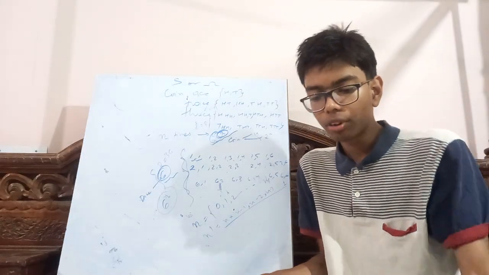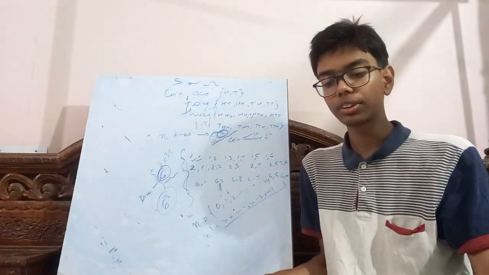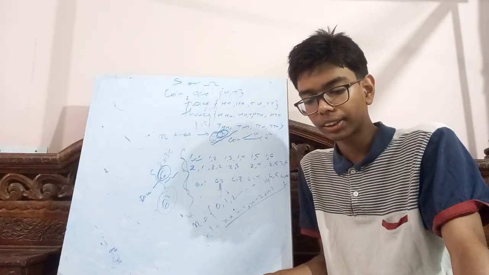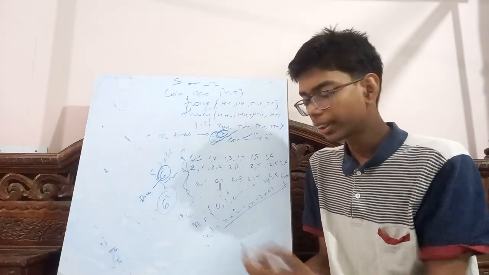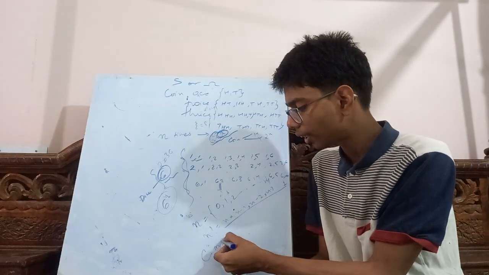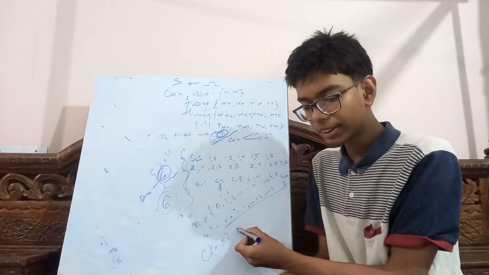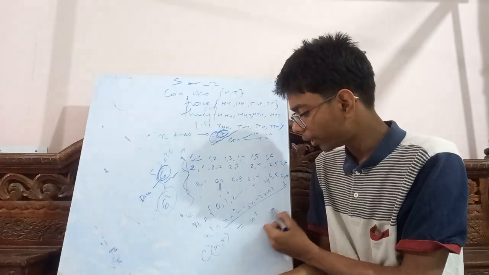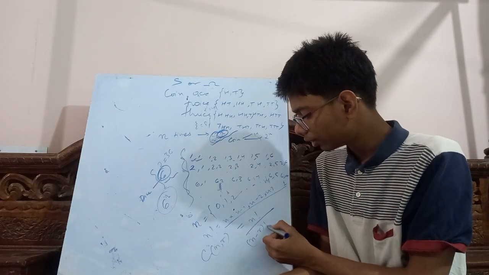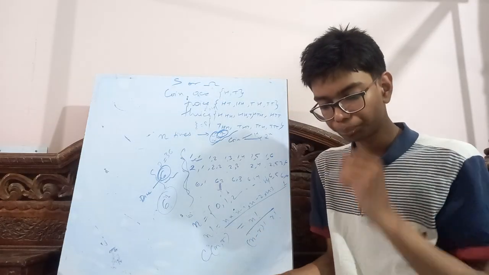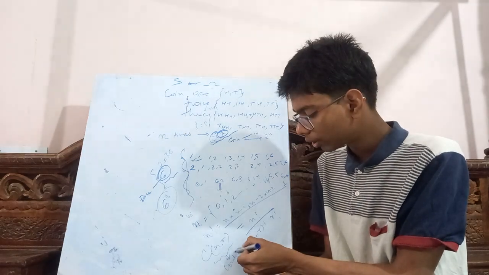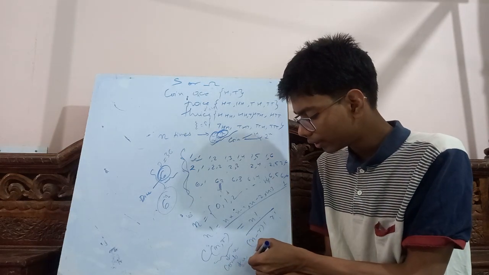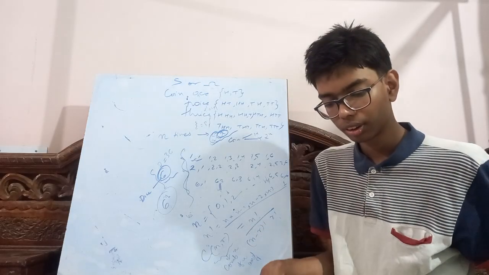Suppose there are n different things and we want to select r things at a time, and the order does not matter. Then it can be written as combination of n and r, defined as n factorial by (n minus r) factorial times r factorial. This is what we call combination of n and r.